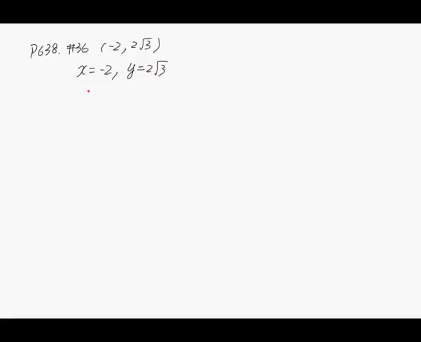And let's first find r. r is equal to the square root of x squared plus y squared. So this is the square root of the square of -2 plus the square of 2 times root of 3.